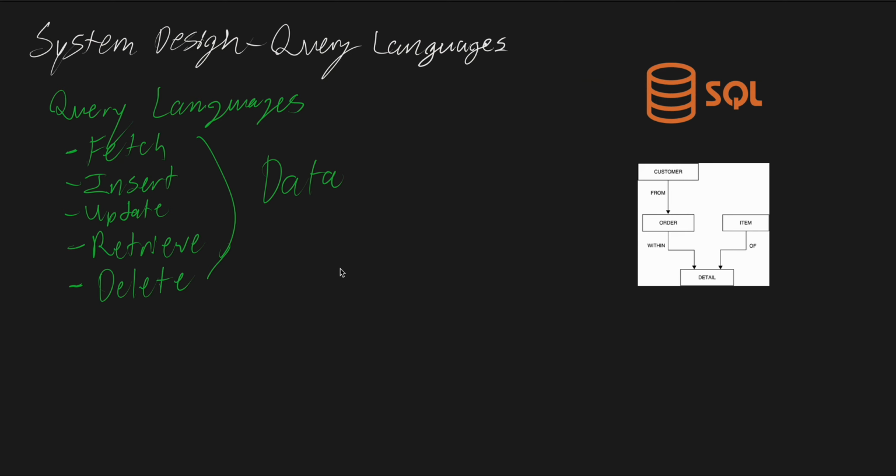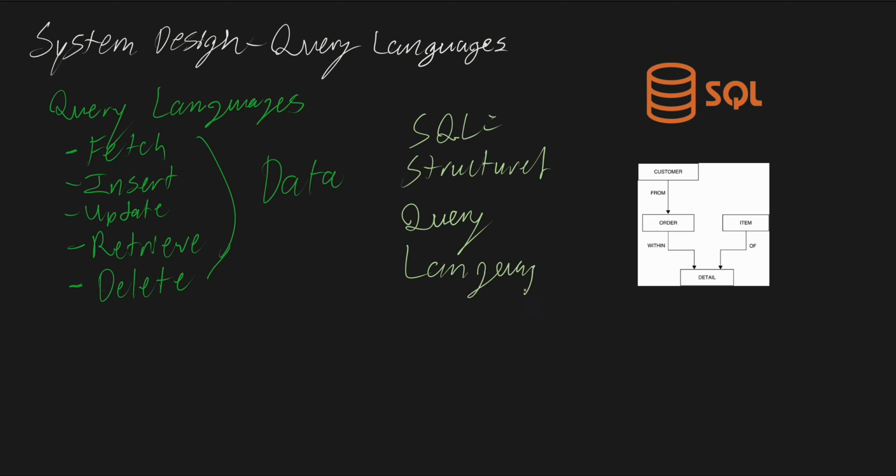And among the various types of query languages, there is SQL, which stands for Structured Query Language. Let's do a different color over here. And as we know, SQL is also used widely for relational databases.